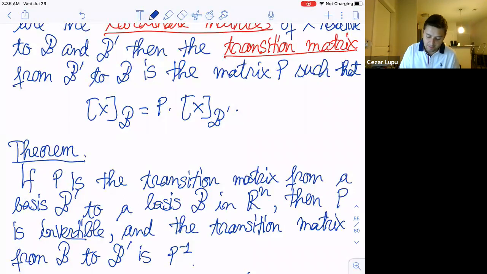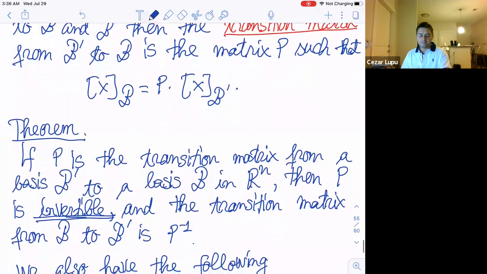So this transition matrix is invertible. Because we said previously, how do I know that this is invertible? Well, it is. And moreover, the transition matrix from the basis B to B prime is given by the inverse.